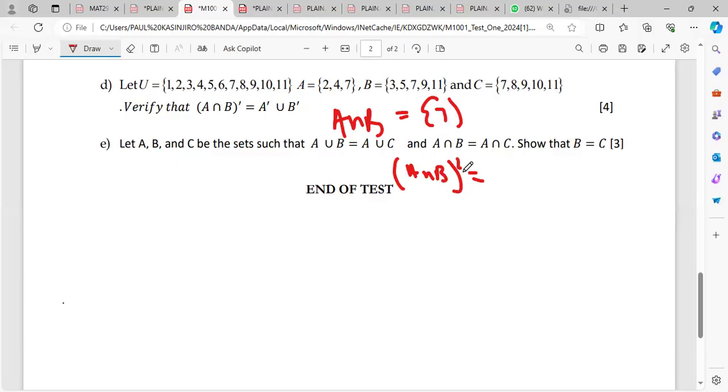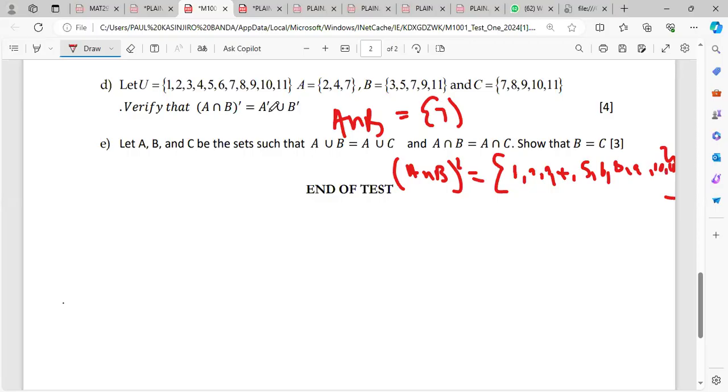So it will be 1, 2, 3, 4, 5, 6, we jump 7, so it will be 8, 9, 10, and then 11. Okay, so that will be our complement of A intersection B.